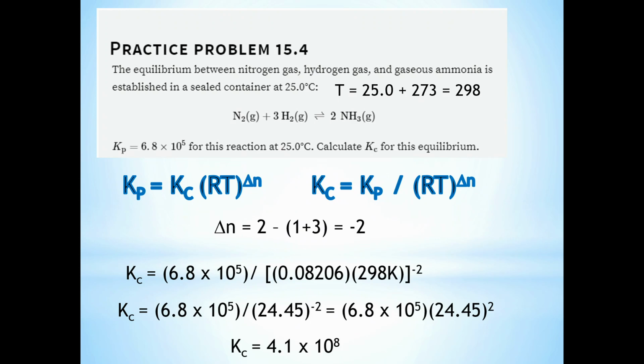If I go from 4 moles of gas to 2 moles of gas, I'm actually reducing the pressure because I have fewer moles of gas. If I have fewer moles of gas, then it's going to adjust how this reaction is going to want to go.